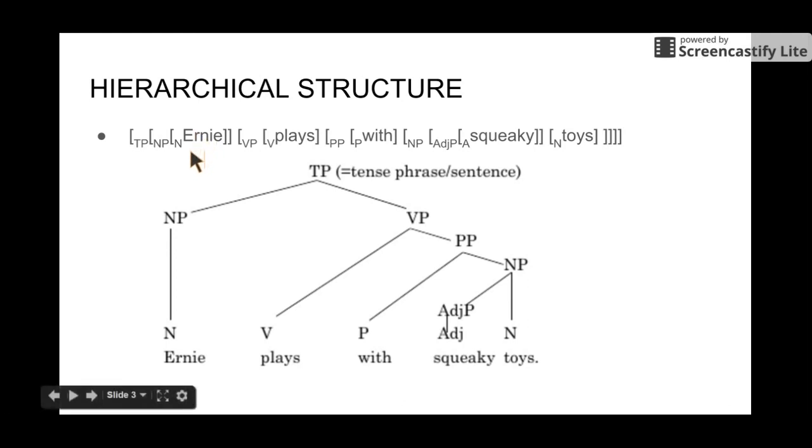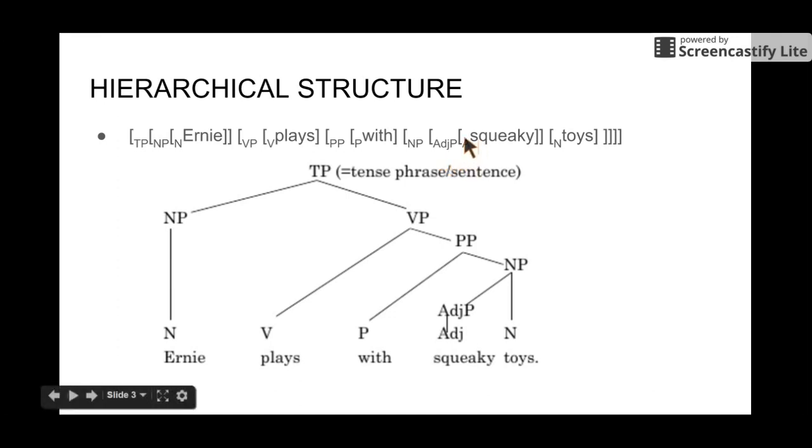Okay, Ernie itself is an N, and it becomes an NP as well. Actually, we can take a look at this NP, squeaky toys. Squeaky itself is an adjective, and it becomes an adjective phrase.